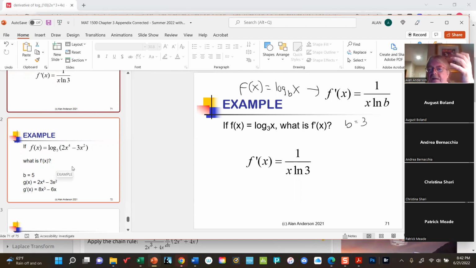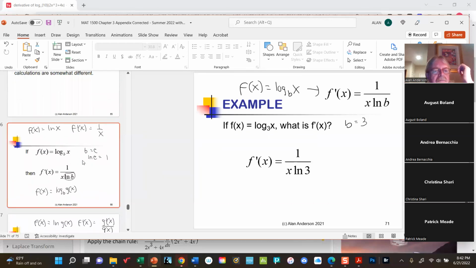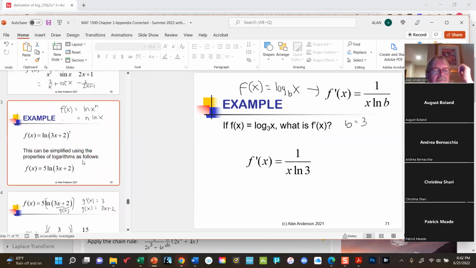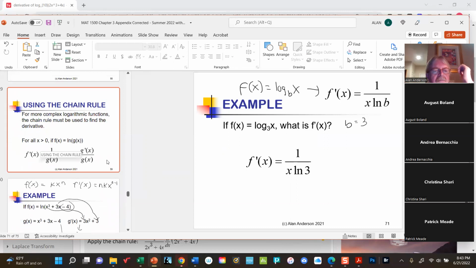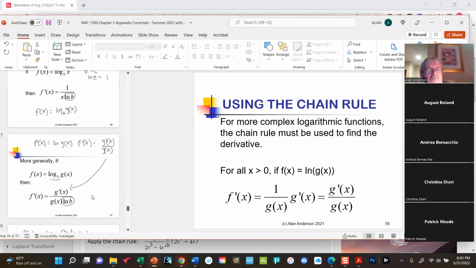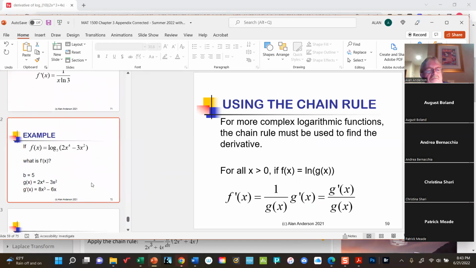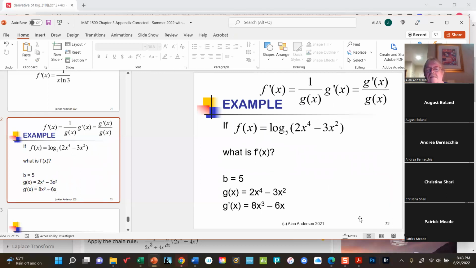So the next one will be a log not of just x, but g of x. So let me go grab the rule. Okay, so f of x is log.